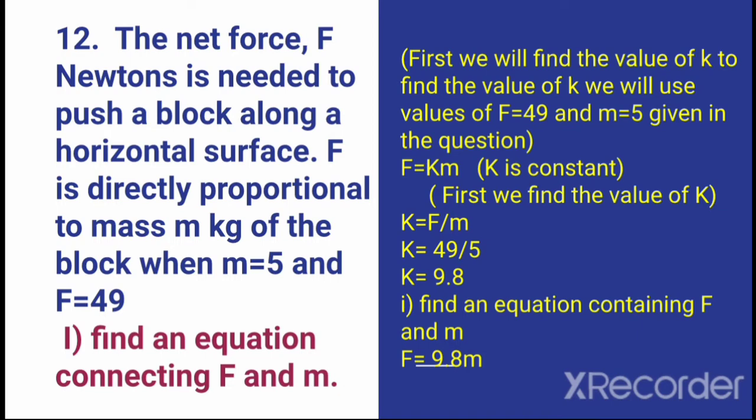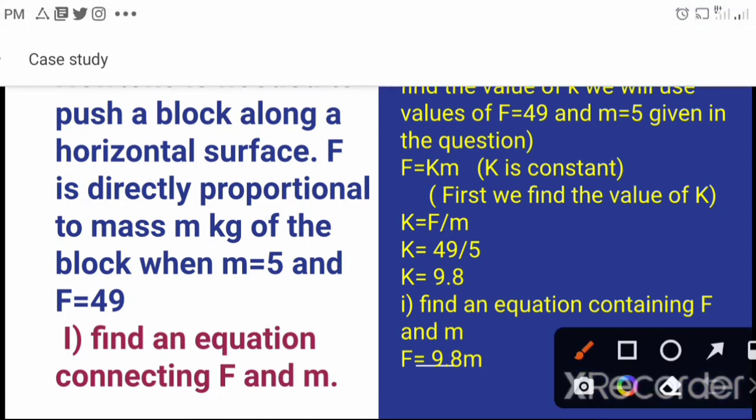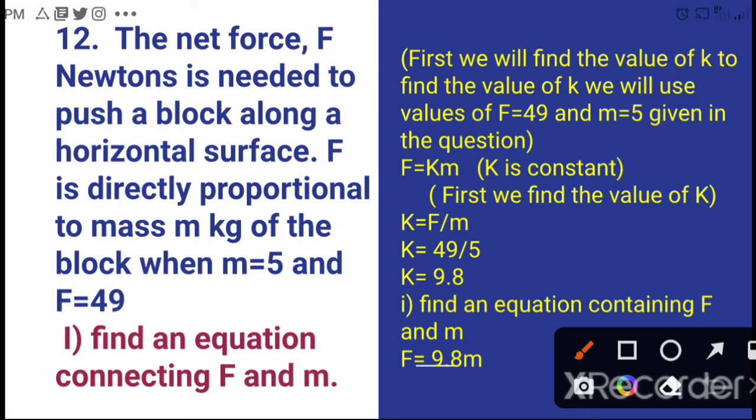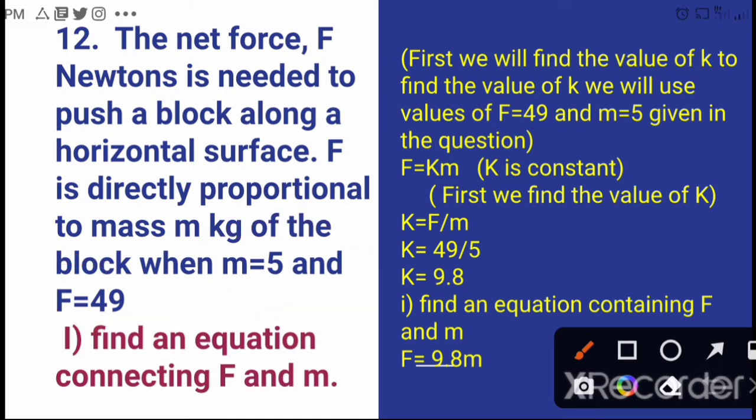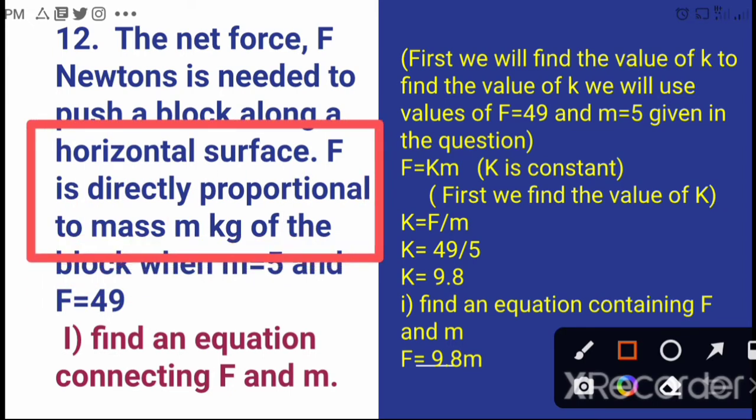When m is equal to 5, F is equal to 49. Here they have already given us both values of m and F. M is equal to 5 and F is equal to 49, and they have already mentioned that F is directly proportional to mass m.